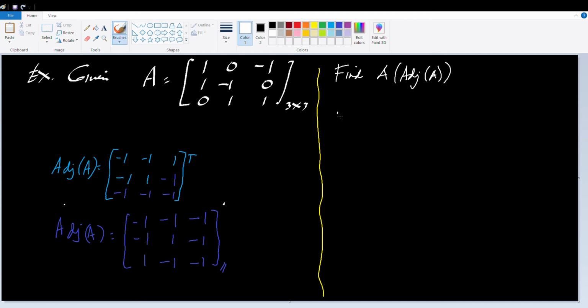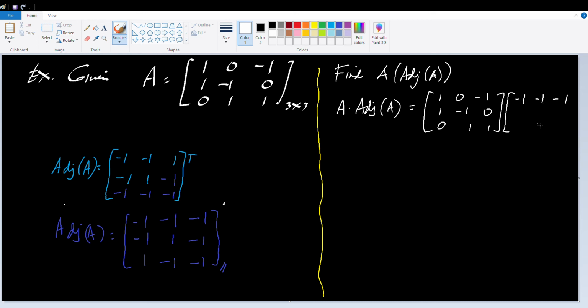So let us rewrite our A. So A times the adjunct of A. So our A is 1, 0, negative 1, 1, negative 1, 0, 0, 1, and 1, multiplied by the adjunct, negative 1, negative 1, negative 1, negative 1, 1, negative 1, 1, negative 1, and negative 1. Okay. So let us perform multiplication on these two matrices.